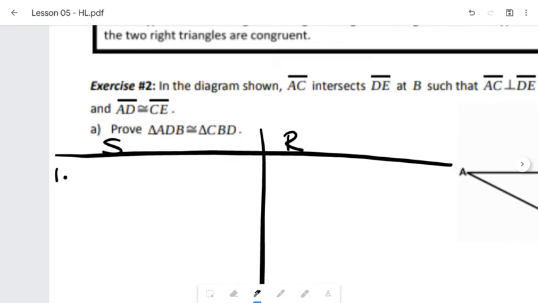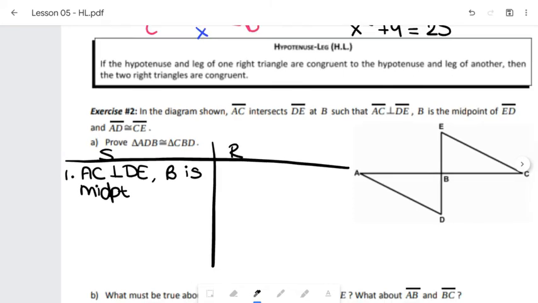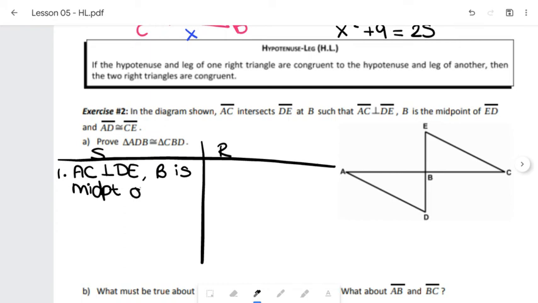I'm going to skip around and cover some important things like AC is perpendicular to DE, B is the midpoint of ED, and AD is congruent to CE. All of that's just part of my given information. So that's how we start, as given.